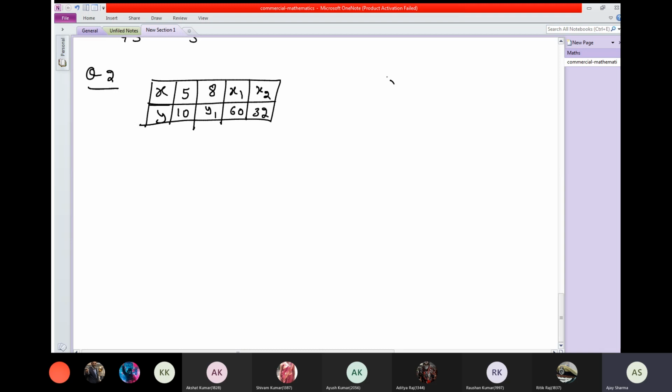Now before starting the question, tell me what is the difference between these two notations that I wrote here? Anyone? No one? No difference, sir.